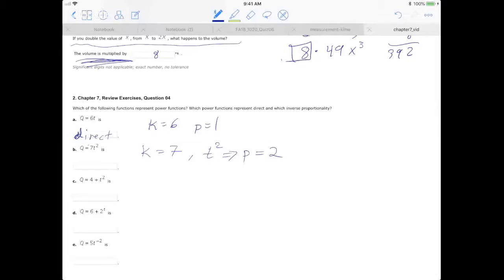My variable is t, so I would write direct here. This one too, k is going to be 7, and we've got a t squared there, right? That implies that p is going to be 2 for this one.